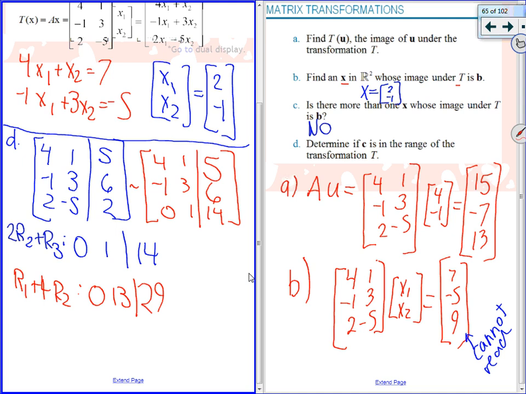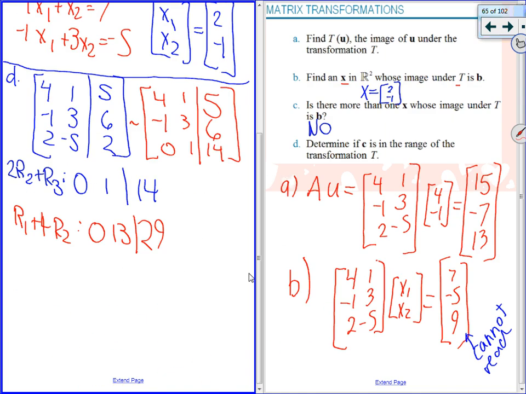So if you see this, my x2s, when I subtract these rows, I'm going to get 4, 1, 5, and then if I scale this, I'm going to get 0, 1, 14, and 0, 1, 29 thirteenths.